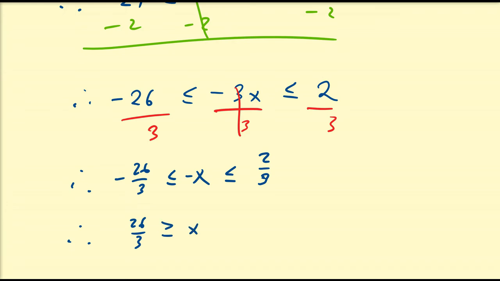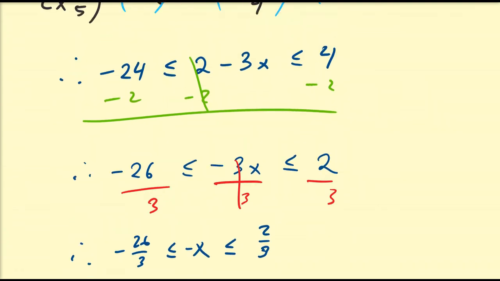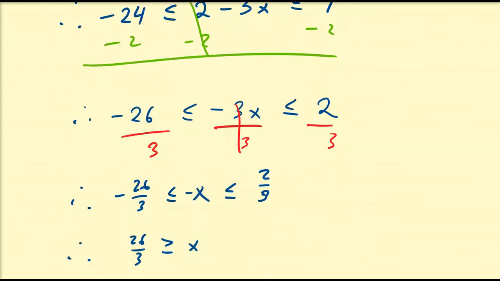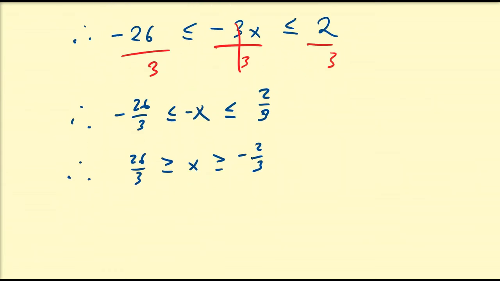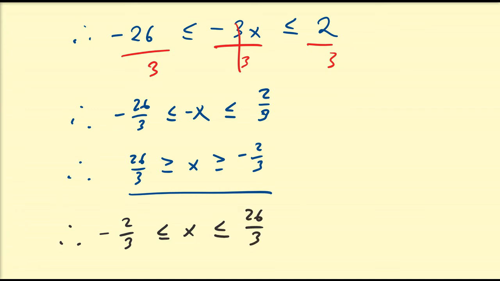And let's see, did I miss an inequality sign? No, everything's right. And that's going to be greater than negative 2 thirds. So that's one answer, but a more appropriate answer would be that negative 2 thirds is less than or equal to x is less than or equal to 26 thirds. So this is going to be more valid.